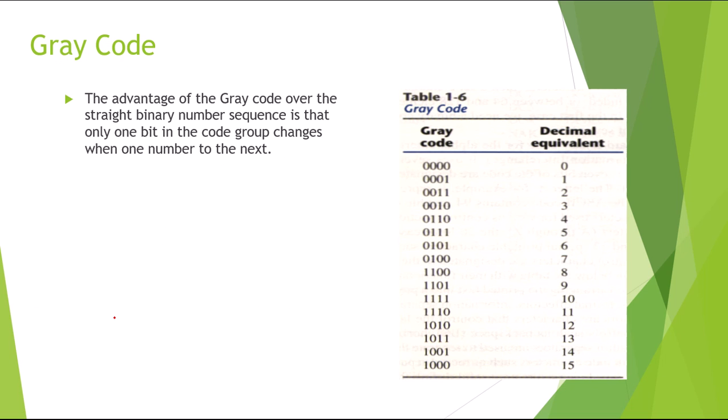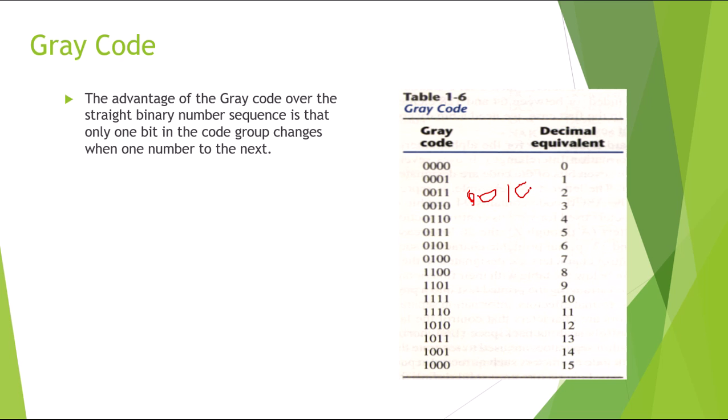Gray code is another way of writing the BCD decimal numbers. In fact, gray code is not limited to BCD; it's a way to write any number. Initially 0 was given all zeros, then 1 is 0001, and then comes 2, and we used to write 0010.